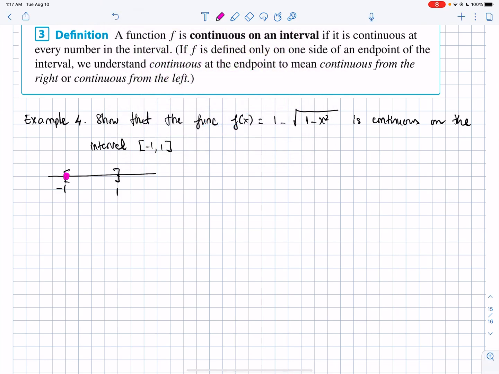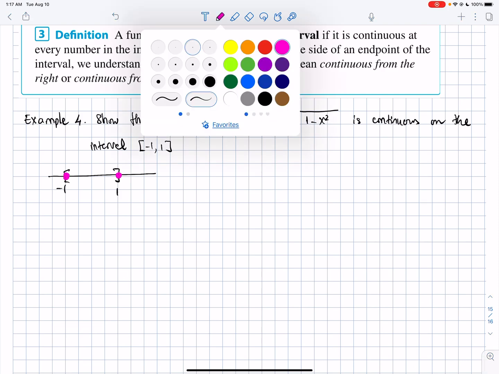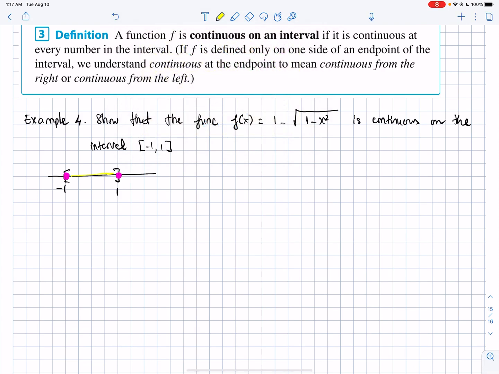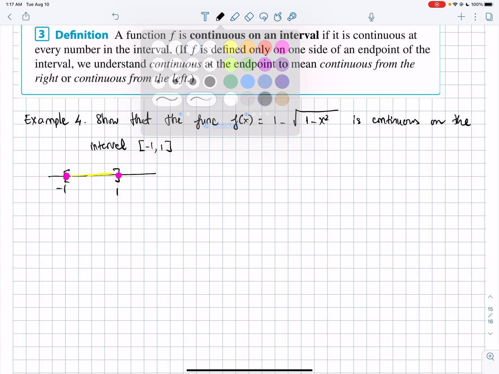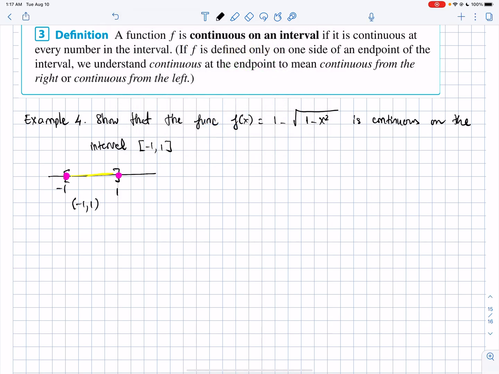We have -1, +1, and the open interval from -1 to 1. First of all, I want to check a number a in the open interval from -1 to 1. Then we use the limit laws.